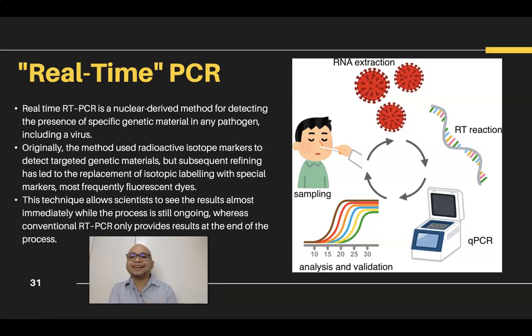Unlike conventional RT-PCR, you have to wait for the amplicon. You have to wait for the results at the end of the process. You have to wait for several hours before you can actually see the result. Unlike here, as the nucleic acid is being amplified, you can see, oh, this particular patient has a very high E sequences, as it happens.